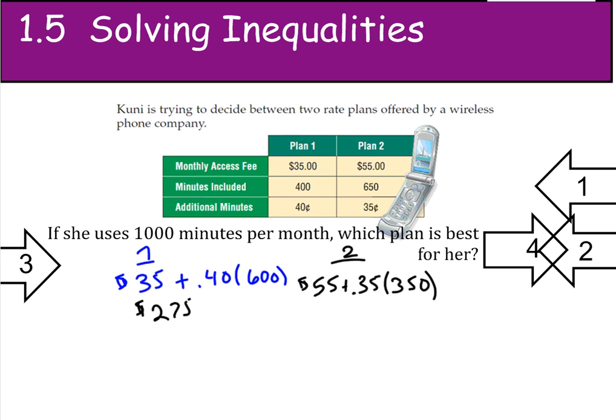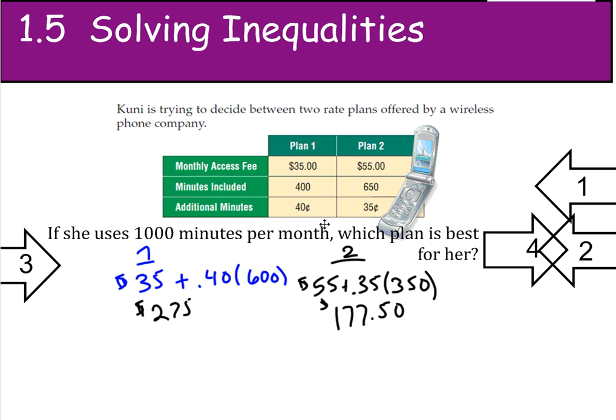There's plan 2, 0.35 times 350 plus 55. This is going to cost you $177.50. So that's a lot of money for a cell phone plan per month. But if you're going to use 1,000, you're going to use 1,000. So plan 2 is going to be best.